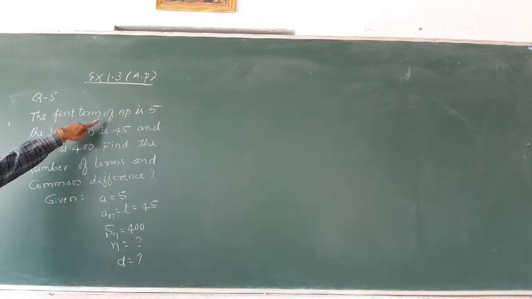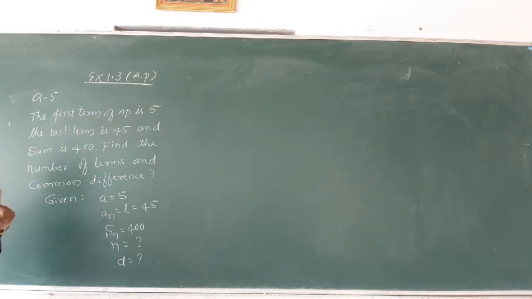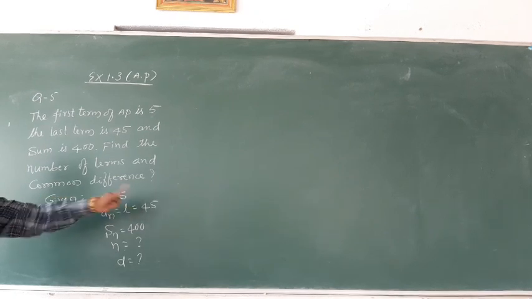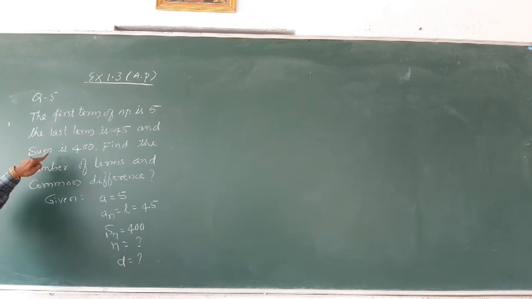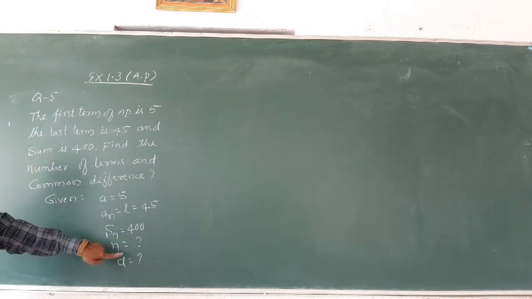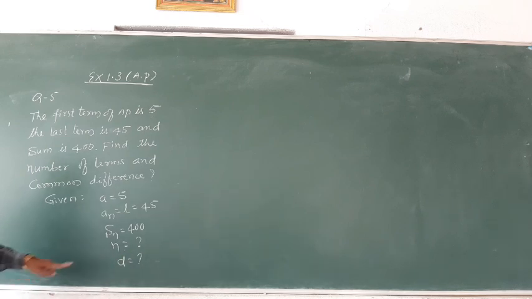Read the question once again. The first term of the AP is 5, that is a equals 5. The last term is 45, that is an or l equals 45. And the sum Sn is 400. n and d are to be found. So we have to find n.